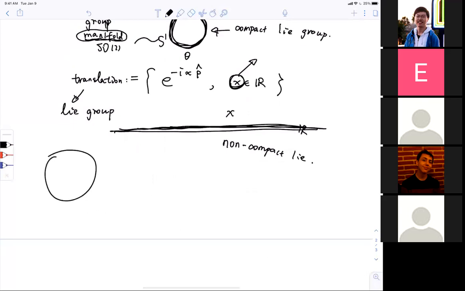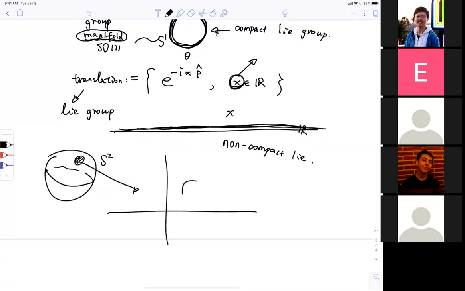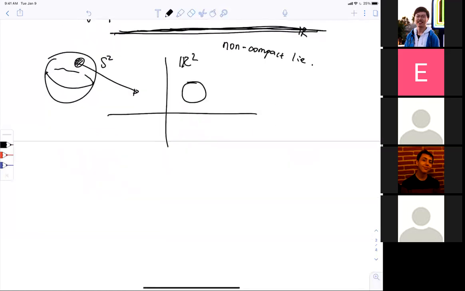For example, the most familiar case is S2, the sphere in 3 dimensions, like our Earth. Locally you can map onto an open set in R2, but globally you cannot do this. It's globally non-trivial.